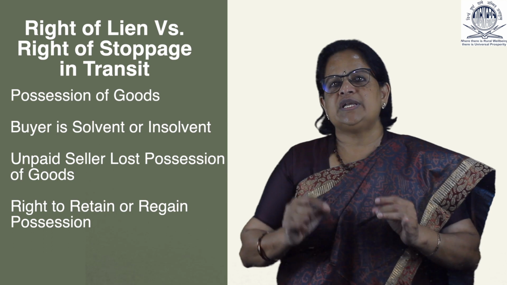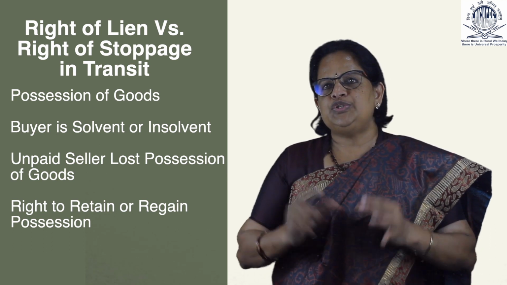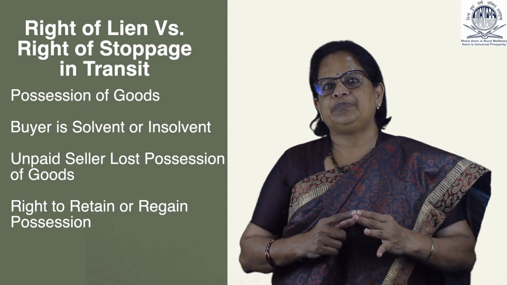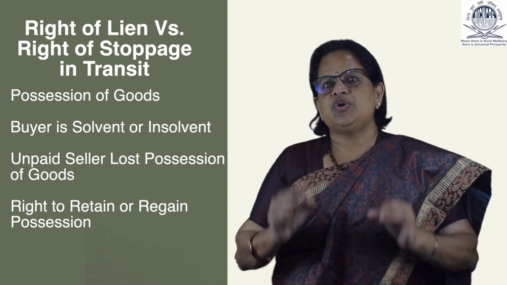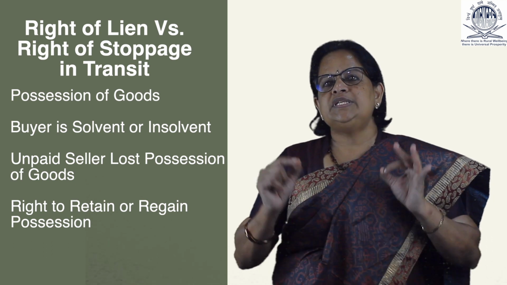Second distinction is the right of lien can be exercised when the buyer is able to pay but does not pay, whereas the right of stoppage in transit is available only when the buyer is insolvent.